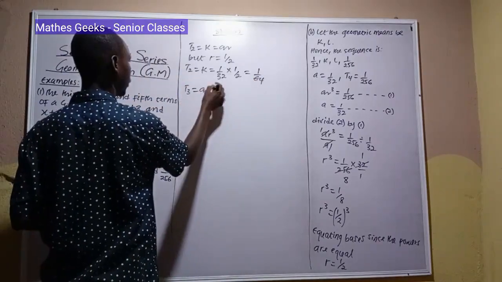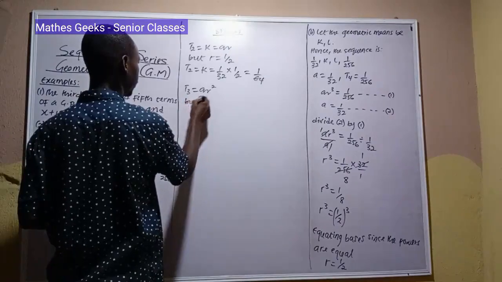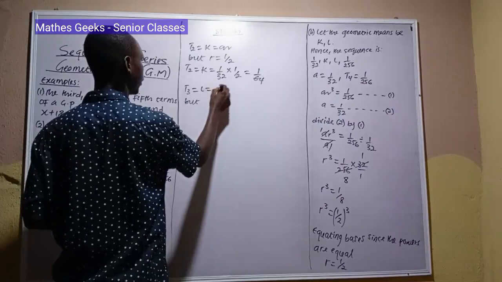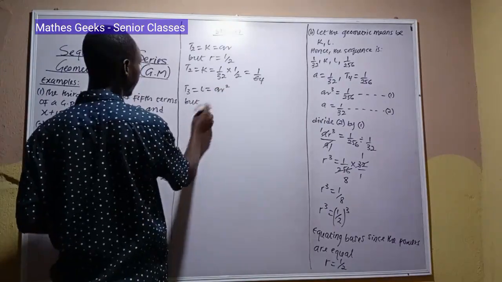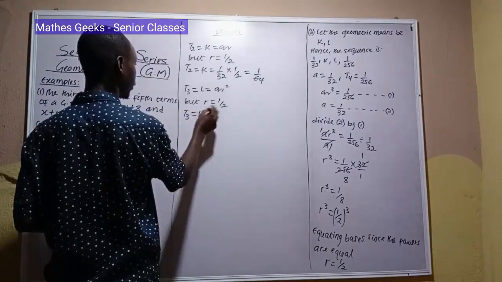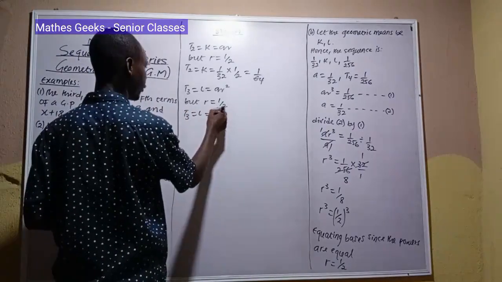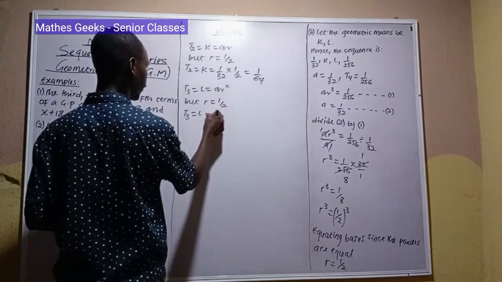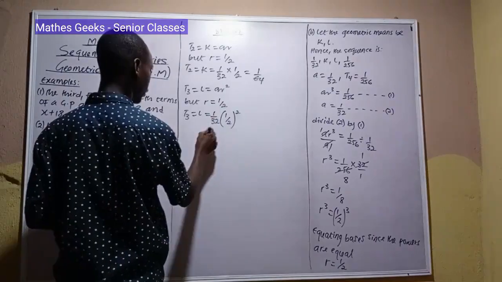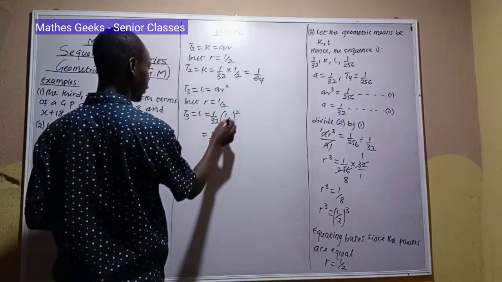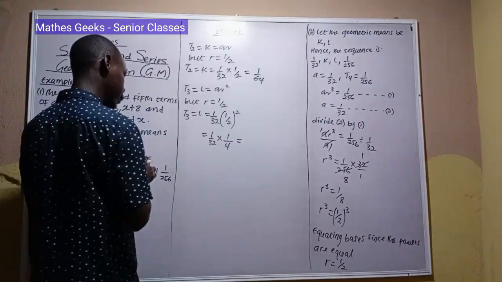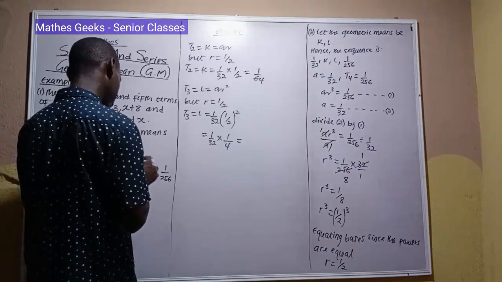T3 is equal to l is equal to ar raised to power 2, but r is equal to 1 over 2. So T3, which is equal to l, is equal to 1 over 32 times 1 over 2 raised to power 2, 1 over 32 times 1 over 4. That's equal to 1 over 128.